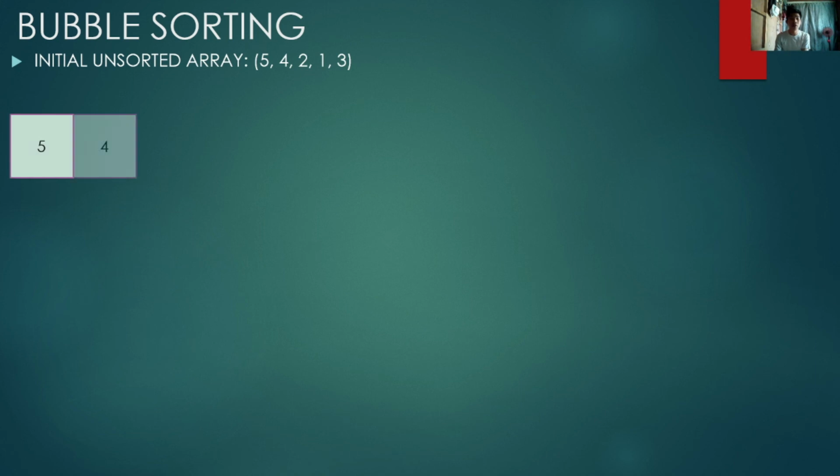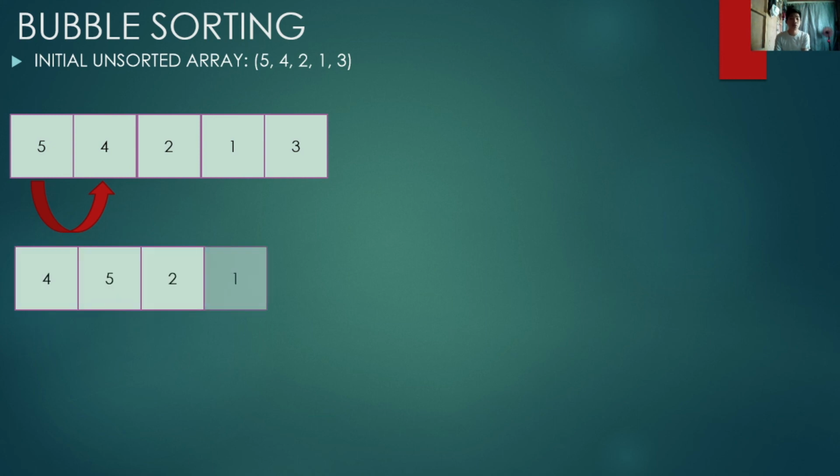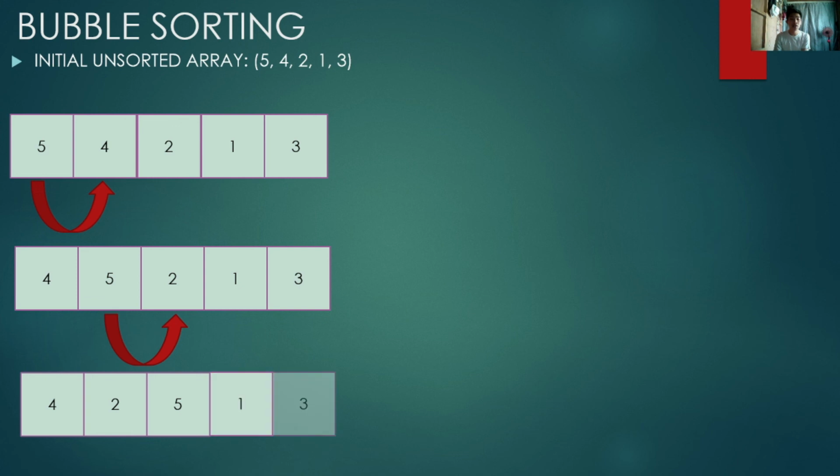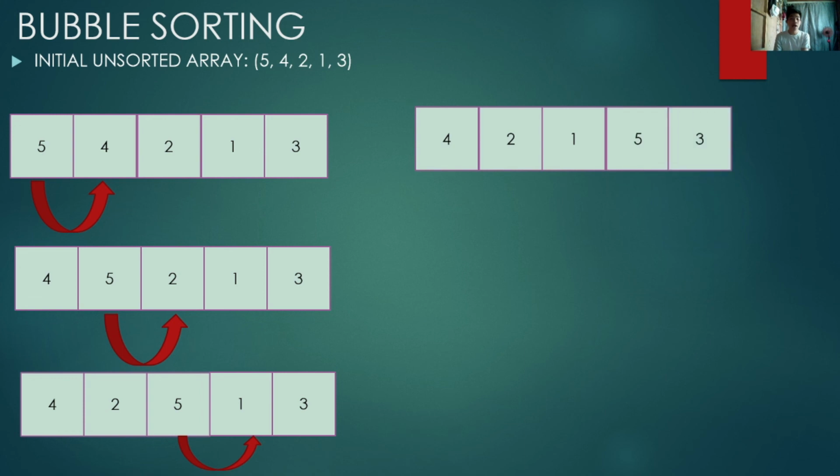So, like this one, we have 5, 4, 2, 1, 3. Basically, 5 is greater than 4, so we can swap it. 5 is greater than 2, so we swap again. Then 5 is, of course, greater than 1, and we swap it too.